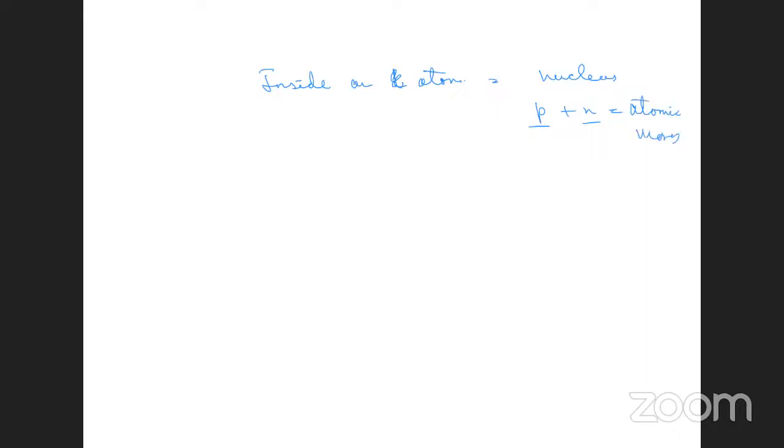The number of protons gives the atomic number. So the number of protons plus neutrons inside the nucleus tells us the atomic mass. That's what gives the mass of an atom.